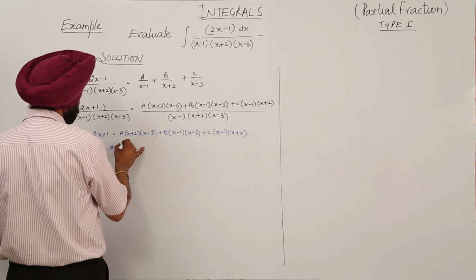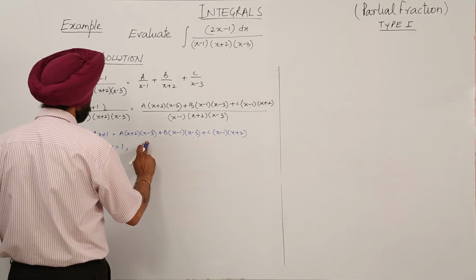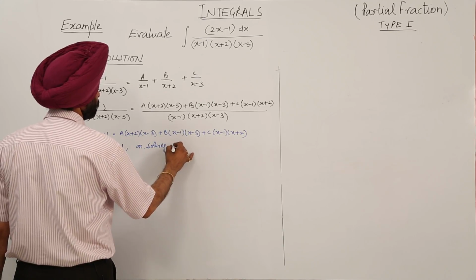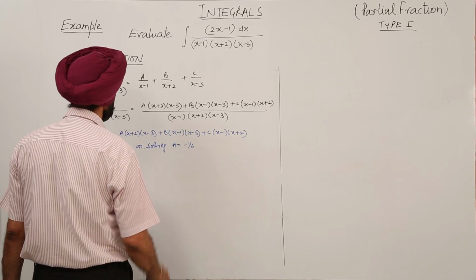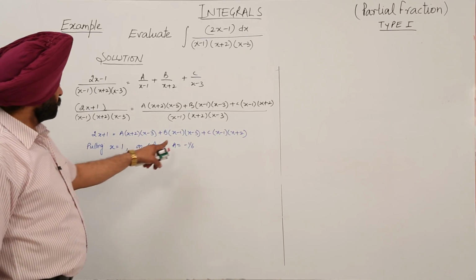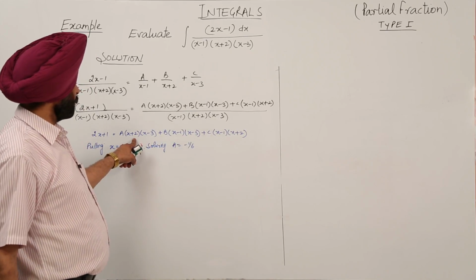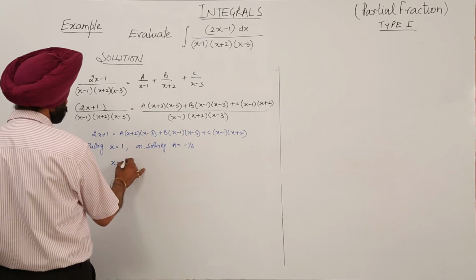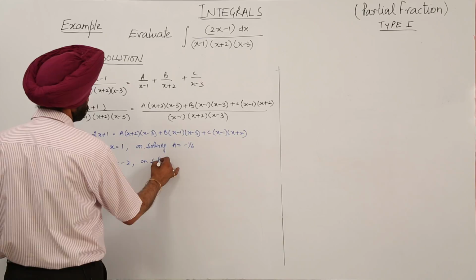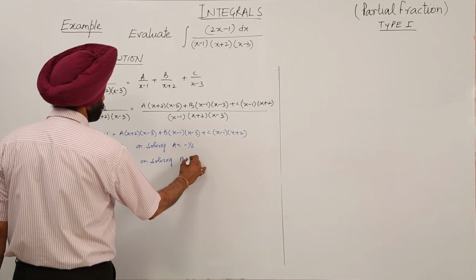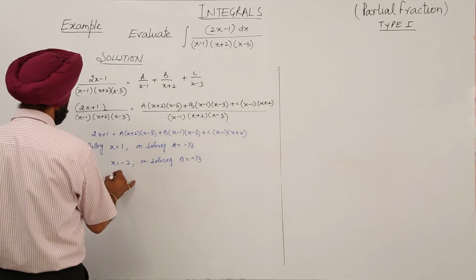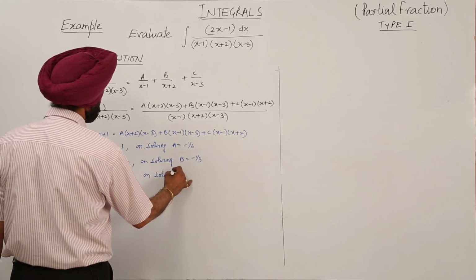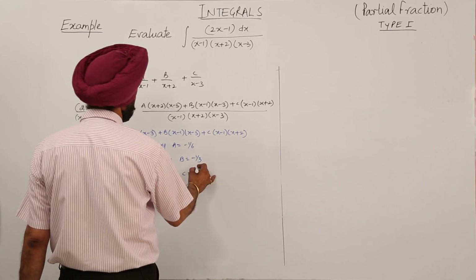Putting x equal to 1, on solving, we will be getting A is equal to -1/6, because when you put x equal to 1, the other two terms both become 0, and we are left with only A. Putting x equal to -2, on solving, B is equal to -1/3, and putting x equal to 3, on solving, we are getting C is equal to 1/2.